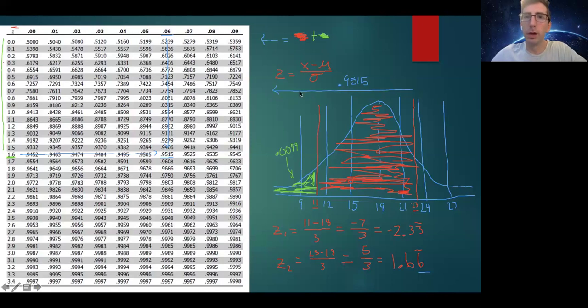You see how this blue line encompasses this red shaded area and this green shaded area? Now, we know what the blue shaded area is, and we know what the green shaded area is. We want to know what the red shaded area is.